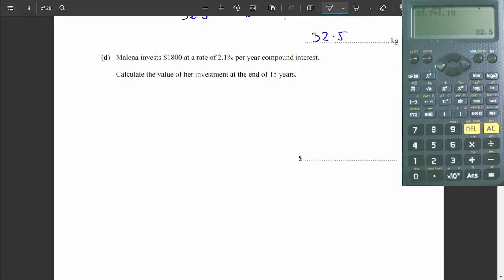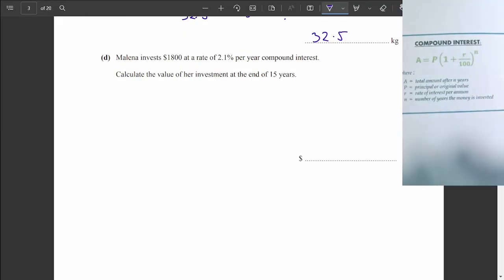Question 1D. Malena invests $1,800 at a rate of 2.1% per year compound interest. Calculate the value of her investment at the end of 15 years. So remember, we're doing the compound interest formula, which is A, the total amount, equals P times 1 plus the rate over 100, to the power of n.